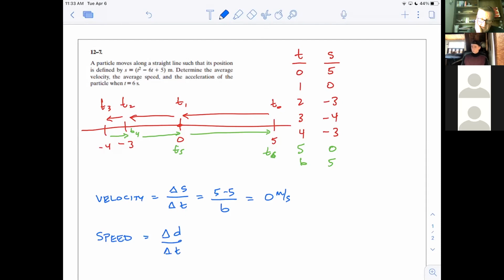Well, how far did this particle travel in that 6 seconds? Didn't it go all the way from 5 to -4, which is actually a distance of 9? So it actually went 9 that way and then 9 back this way. Didn't it go a total of 18?